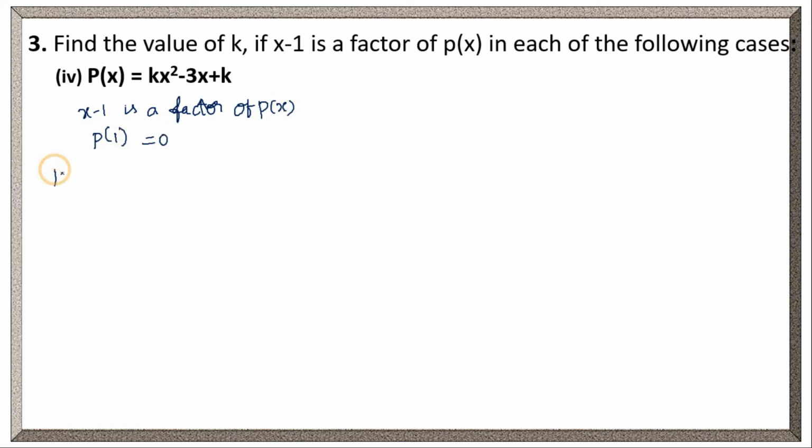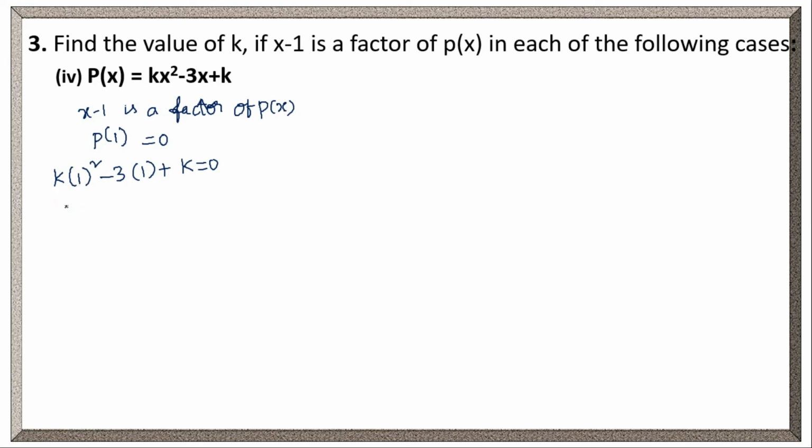Right? So, k into 1 whole square minus 3 into 1 plus k equal to 0. Because p of x is kx square minus 3x plus k. Wherever x is there we need to keep 1.